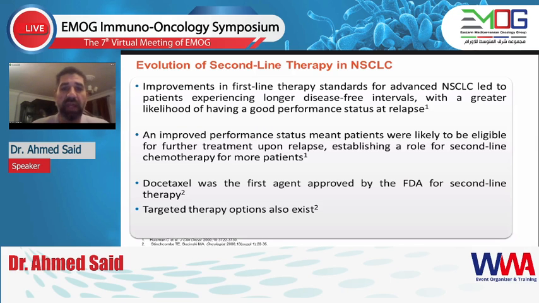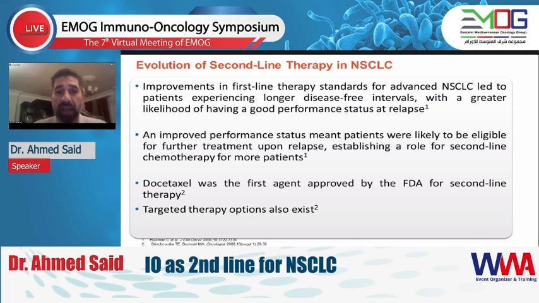So the evolution of second line therapy in non-small cell lung cancer: improvement in the first line setting made patients easily have a longer disease-free survival, with likelihood of having a good performance status at relapse. So this improvement means patients will likely benefit from further management upon relapse, establishing the role of second-line chemotherapy for more patients.